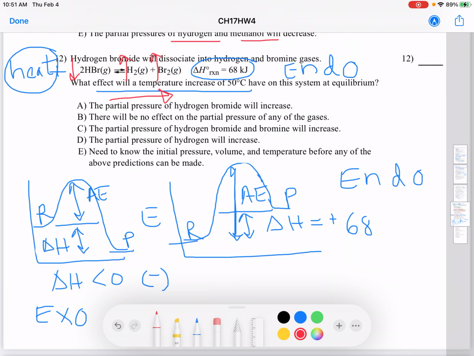Partial pressure of hydrogen, bromide, and bromine will increase. Bromine will increase is correct, but the hydrogen bromide is not correct. Partial pressure of hydrogen will increase, true, right? Hydrogen will increase because it's a product. You are making more of the products, more hydrogen gas. As a result, the partial pressure of hydrogen will increase. Need to know the initial pressure and volume? No, that's not true either. So the correct answer is that hydrogen partial pressure will increase.